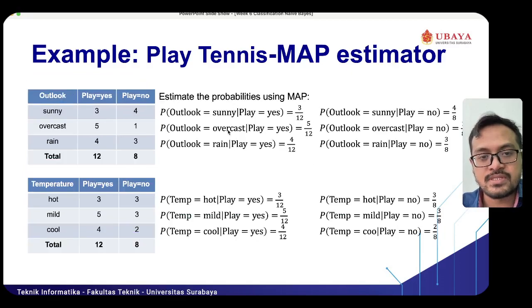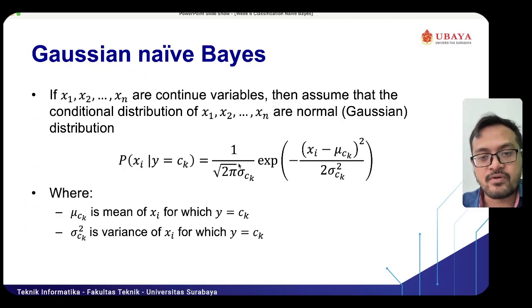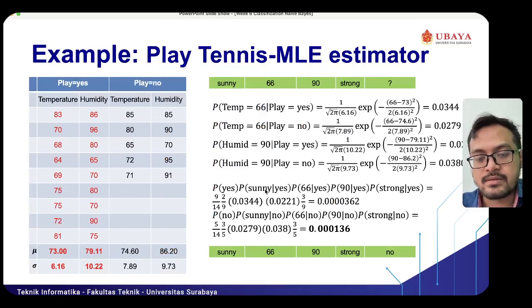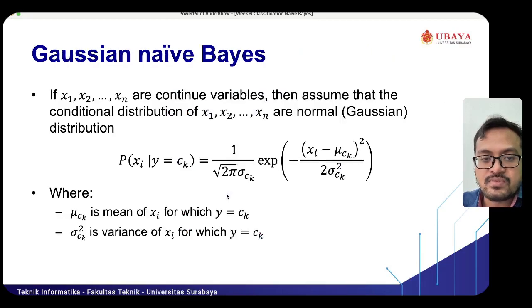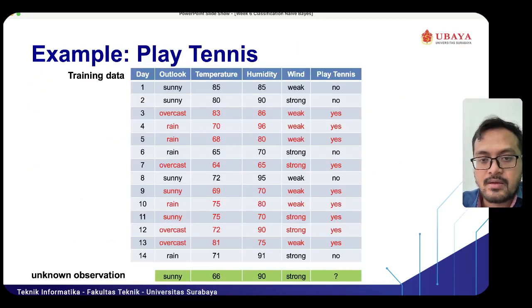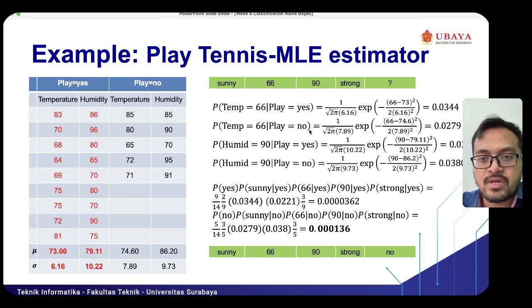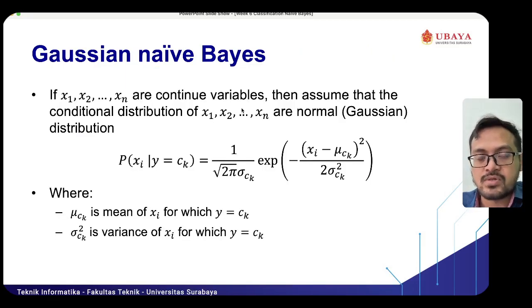So we use the same formula for calculating playing tennis equals yes, and we have the probability that the outlook condition equals sunny given playing tennis equals yes. So this one and this one still use the previous formula here. But if we have continuous numbers, we can just change the calculation by using the Gaussian distribution, Gaussian naive Bayes, right?